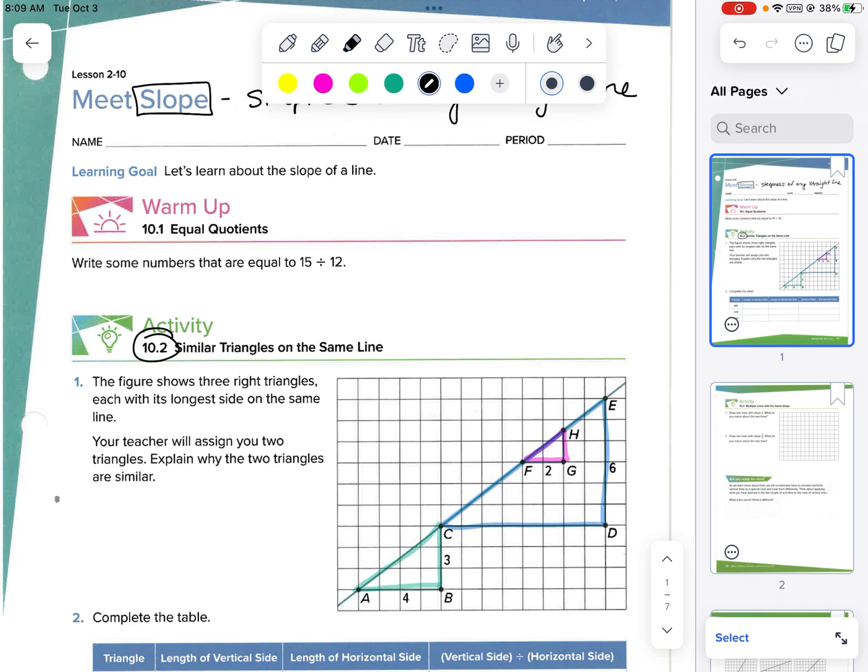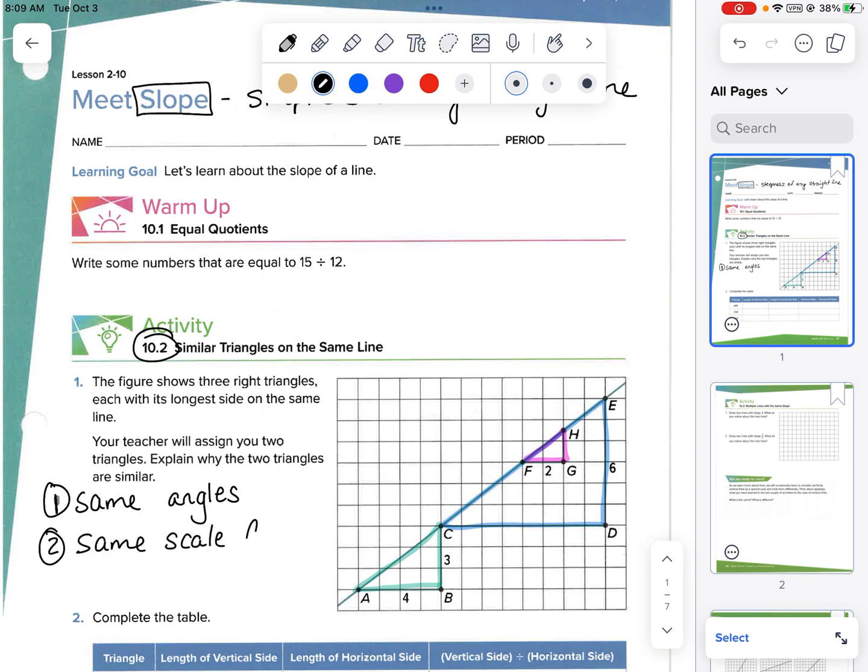Some things we should know is that similar triangles have the same angles. Okay, if we look at those triangles, they all have the same angles. They also need to have the same scale factor in each side length. So if I go from triangle ABC, a side length of 3, to a side length of 6, I have a scale factor of 2, sorry.